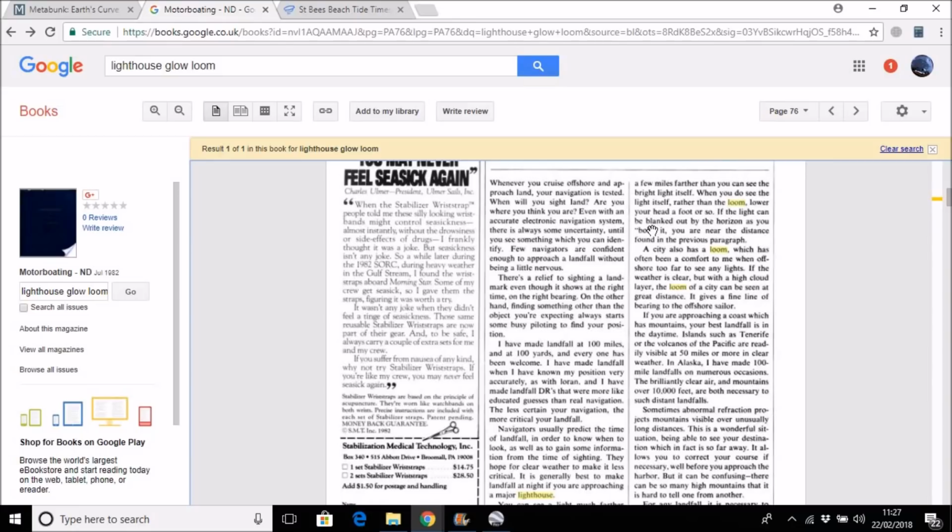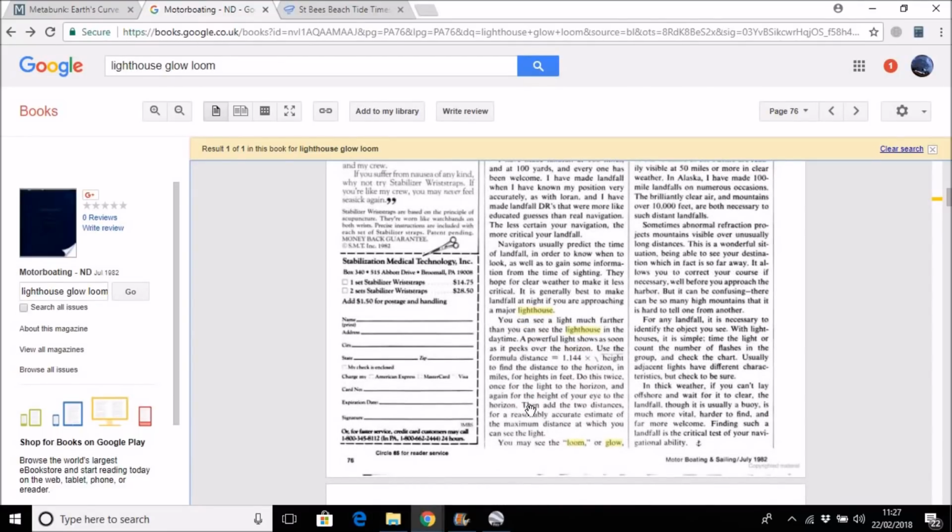If the light can be blanked out by the horizon as you bob up and down, you are near the distance found in the previous paragraph, which is the distance they're talking about for calculating your distance to the horizon and the lighthouse.